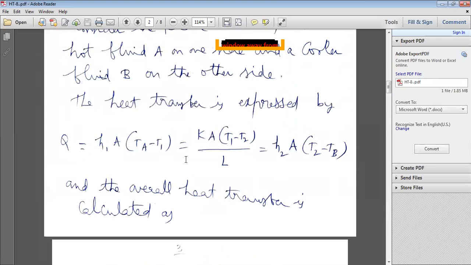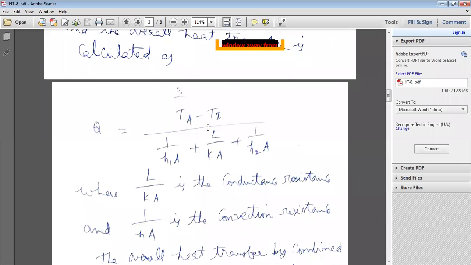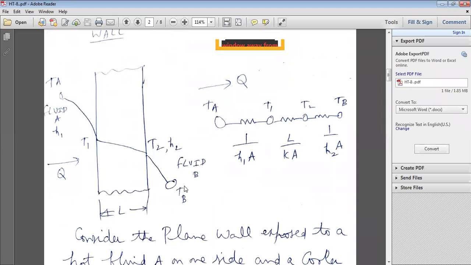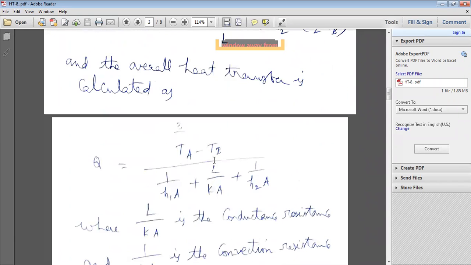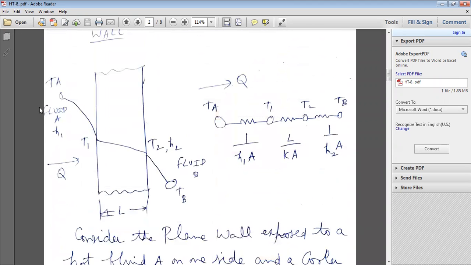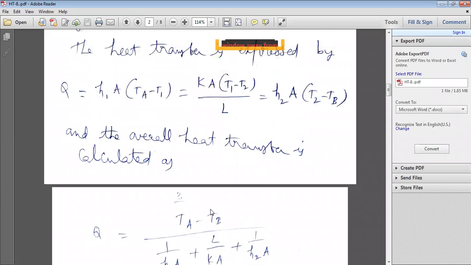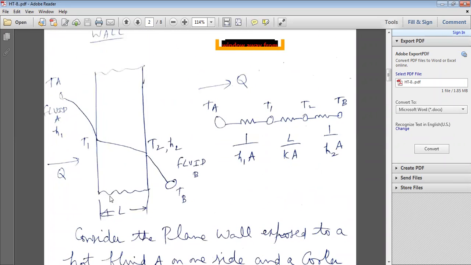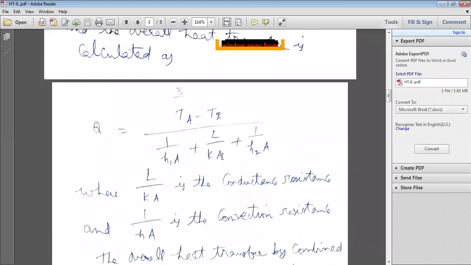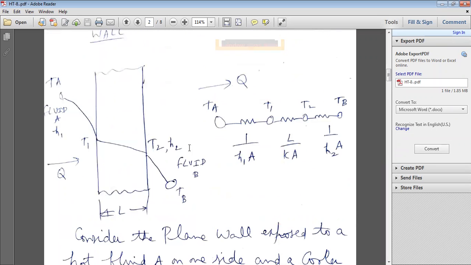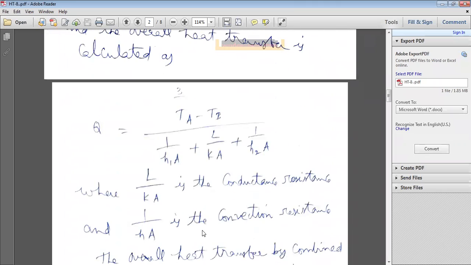What is the first thermal resistance? 1 by H1 A. So Q equals TA minus TB, the overall temperature drop, divided by 1 by H1 A, the convective thermal resistance offered by the convective medium, plus L by K A, the conduction resistance offered by the solid material of thickness L, plus 1 by H2 A, the convective thermal resistance offered by fluid B. H2 is the convective heat transfer coefficient for the environment of fluid B, and A is the area.